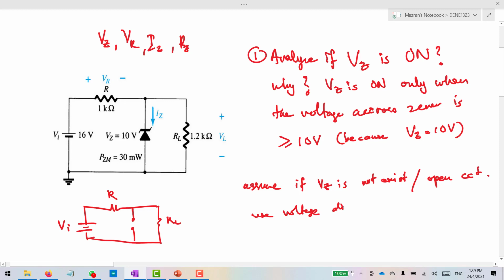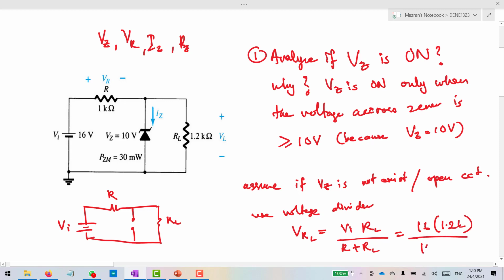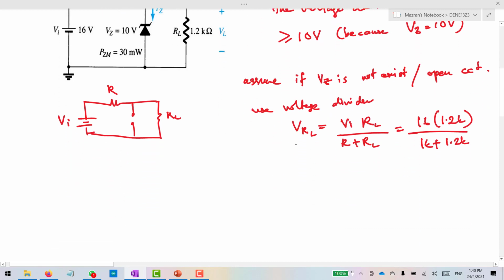V out equals V in times RL over R plus RL. V in is 16, RL is 1.2K, R is 1K plus 1.2K. So what's the total here?